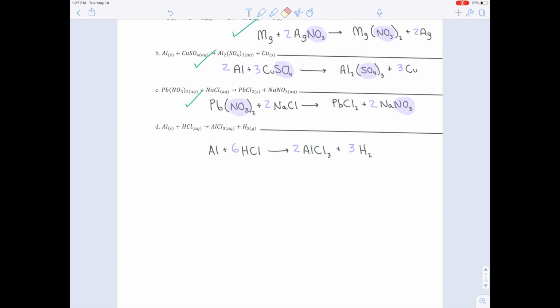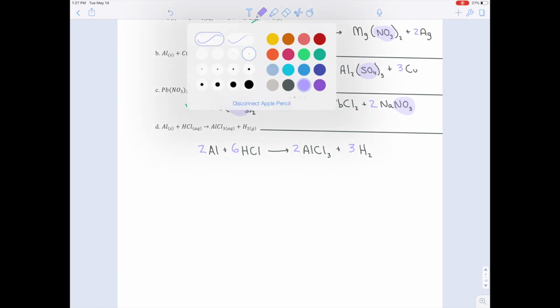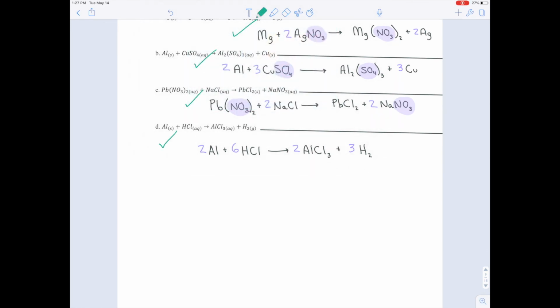So now, one more time, every time you add a number, you want to go back, make sure everything's balanced. 1 aluminum on the left, 2 aluminums on the right, so we need to multiply this left aluminum by 2. 2 aluminums on the left, 2 aluminums on the right, so those are balanced. 6 hydrogens on the left, 6 hydrogens on the right, so those are balanced. Remember to distribute, 6 chlorines on the left, 6 chlorines on the right, so those are balanced. Everything is balanced, and so that is a balanced equation.